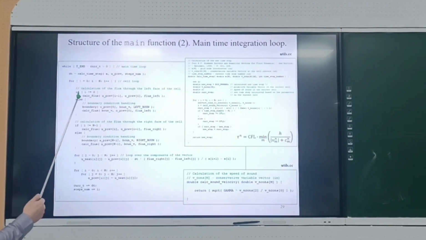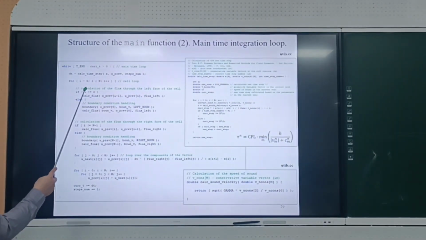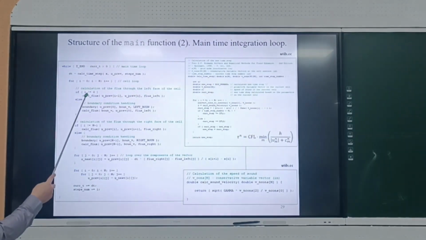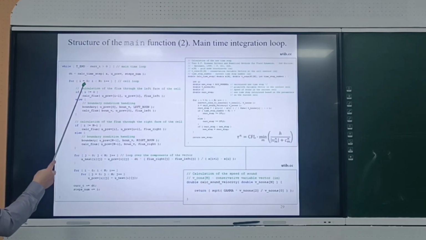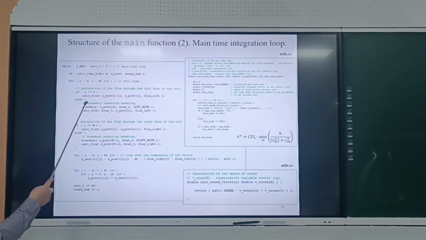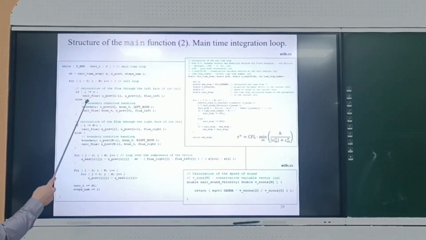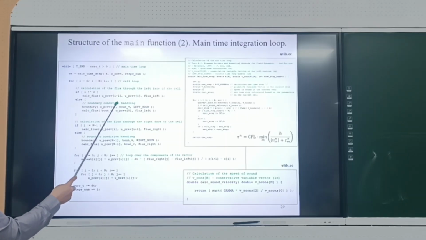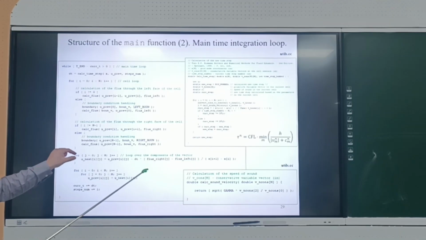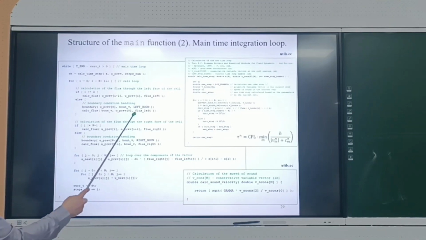But if our computational cell is the first one, and in C everything starts with 0, so i equals 0 corresponds to the first computational cell, then we call the function boundary and compute boundV. boundV are the parameters in the ghost cell.